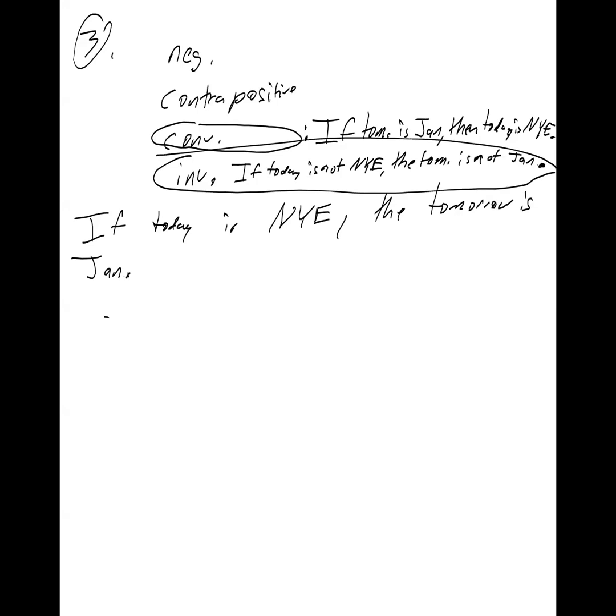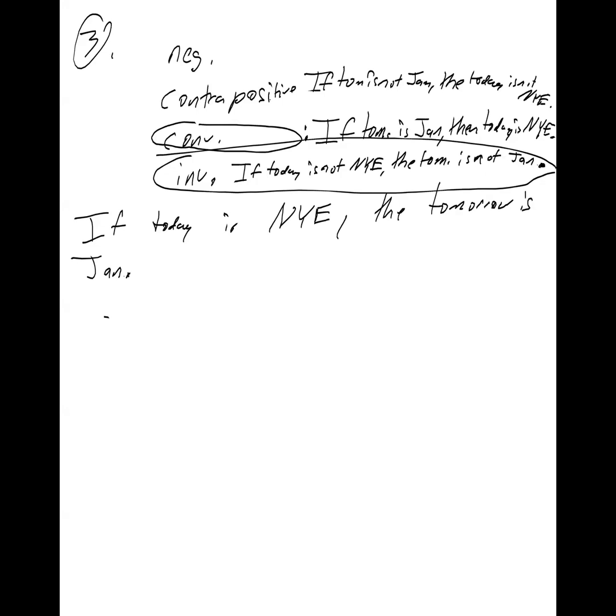So it would switch the position of the things. It'd start with January. So it'd say if, but then instead of saying tomorrow is January, it'd say not January. So if tomorrow is not January, then today is not New Year's Eve.